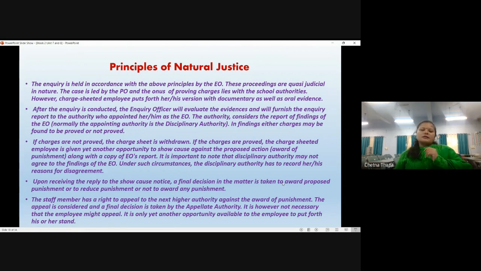It is only yet another opportunity available to the employee to put forward his or her stand in front of another appellate authority. So it might be the decision of the employee to accept the punishment, the reduced punishment, or the proposed punishment which has been given to him. If he is not accepting it, then he might appeal to the higher authority.